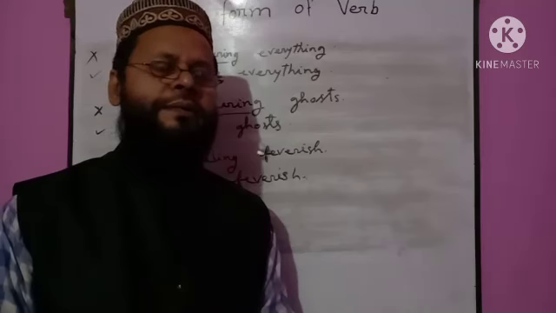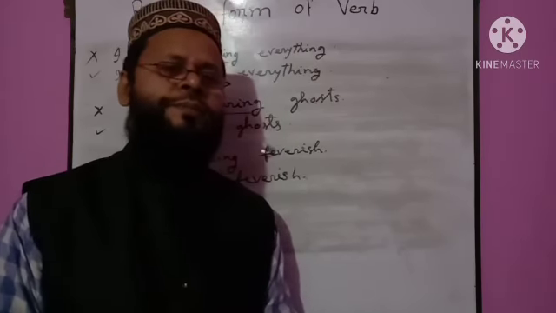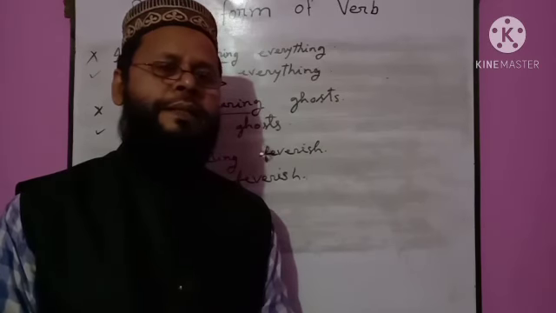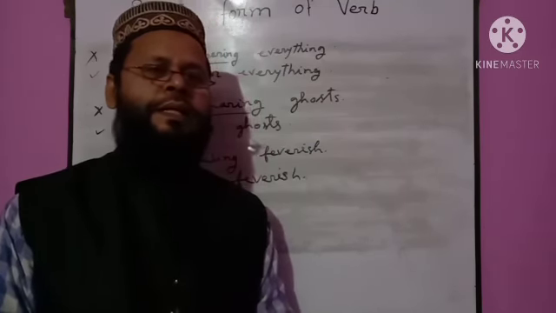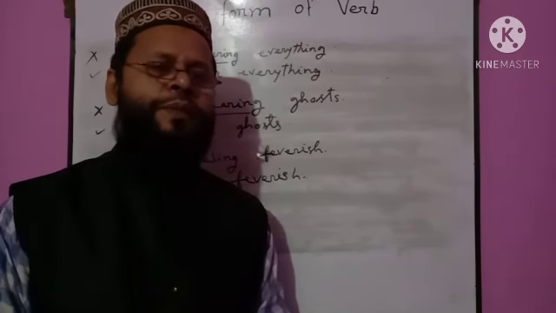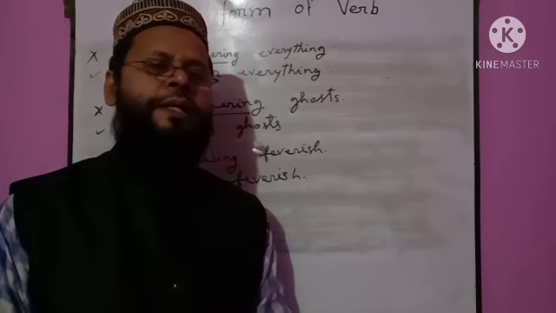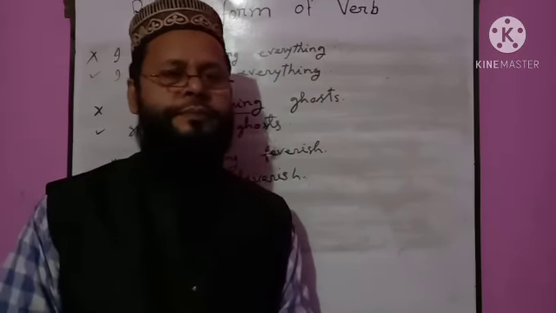And if the subject is third person singular number, then we should use verb plus s or es. And for other persons or third person plural number, we shall use the main verb without any s or es.